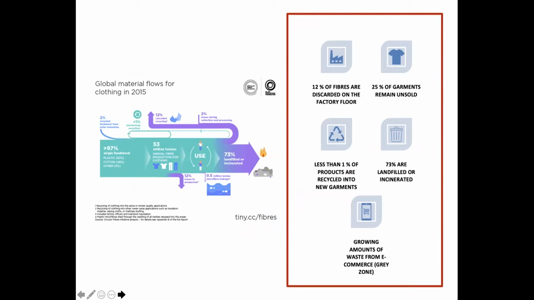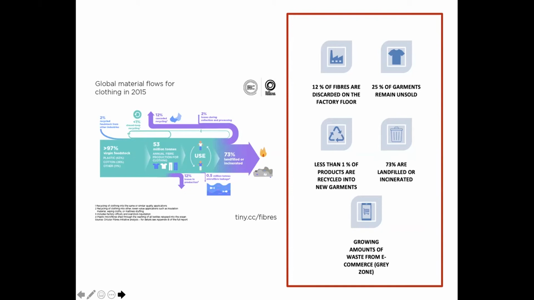Again, this is the global material flows for clothing, 2020 and 2015 by Ellen MacArthur Foundation, the same study. And just some facts, or I mean, these numbers can even be higher. But the fact is that a lot of the clothes go to landfill or incinerated, almost 73%.